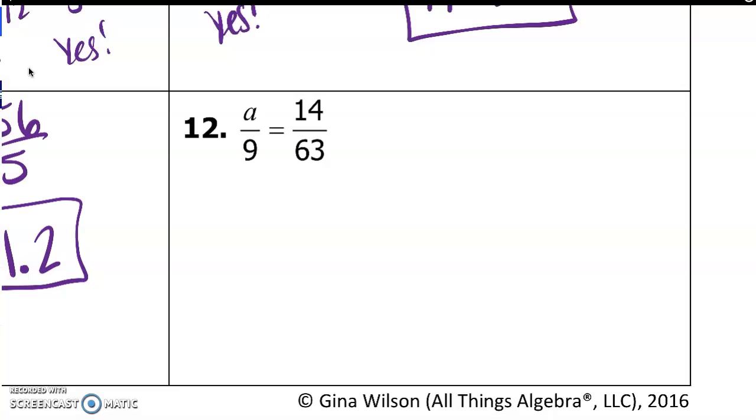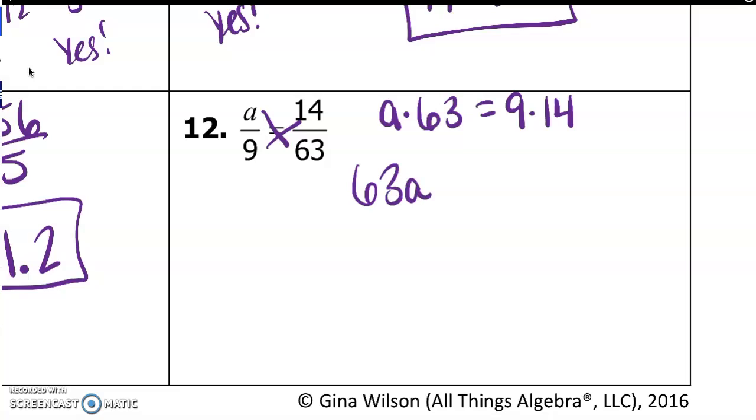Number 12, A times 63 is equal to 9 times 14. Again, if you don't need to write that step out, then don't. A times 63 means we just write it as 63A. 9 times 14 gives us 126, so don't forget the equal sign between those two. All right, so again, if you don't need to write this step out, that's fine.